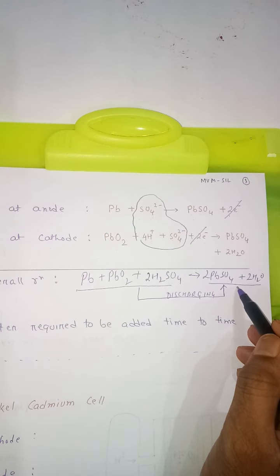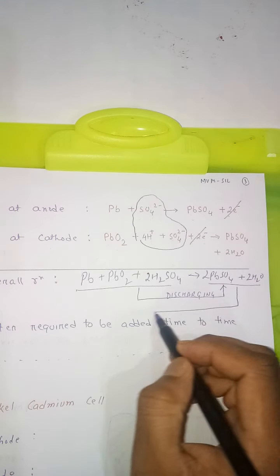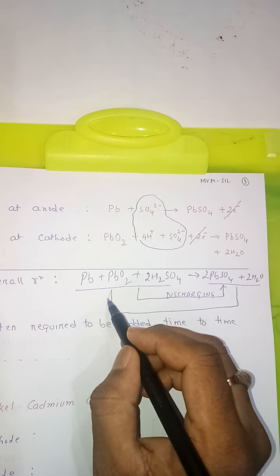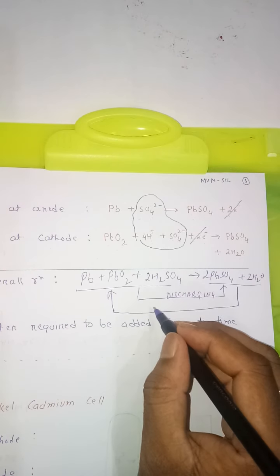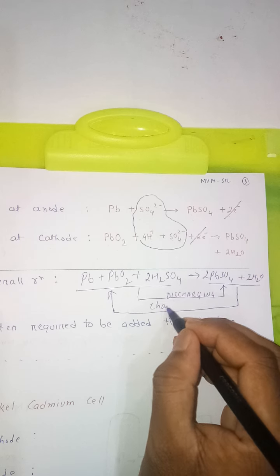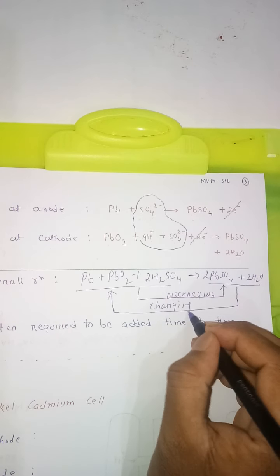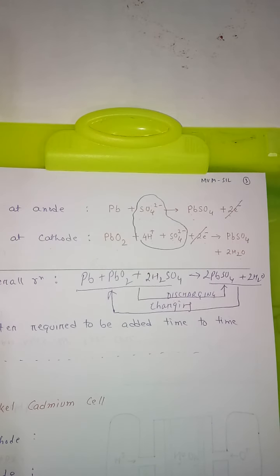And when we have electricity in our home, the reaction takes place in the reverse way. This is called charging. So what happens in those batteries? The anode becomes the cathode during charging, and in discharging, the same process, the cathode becomes the anode.